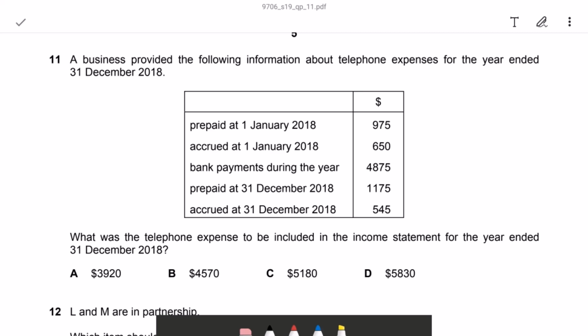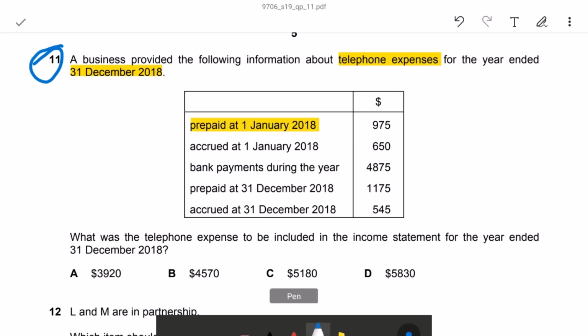So let's start. Question number 11. A business provided the following information about telephone expense for the year ended 31st December 2018. 2018 is the year end. They are given prepaid at January 2018.